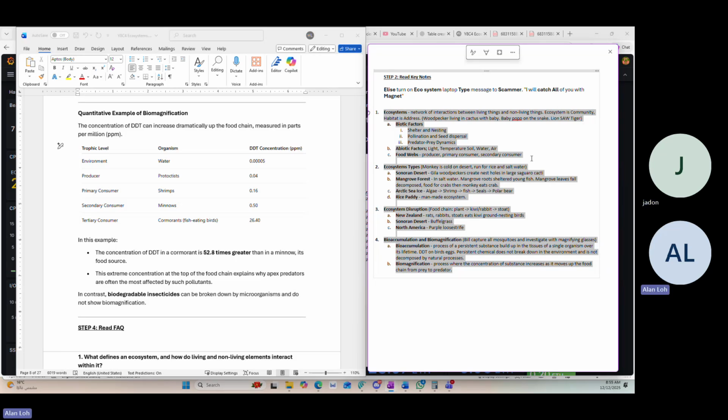Number four, biomanipulation and biomagnet. Okay, bioaccumulation, okay, accumulate, bioaccumulation and biomagnification. Biomagnification. Can you tell me what is the story for you to remember the drawers?